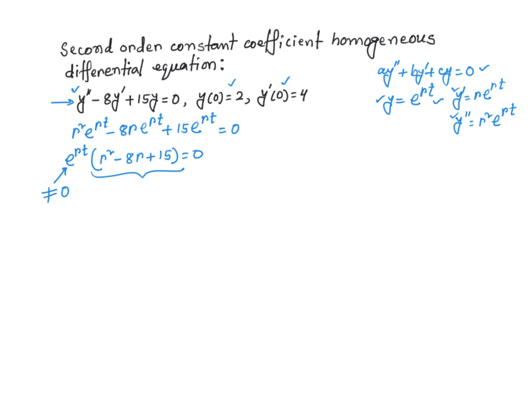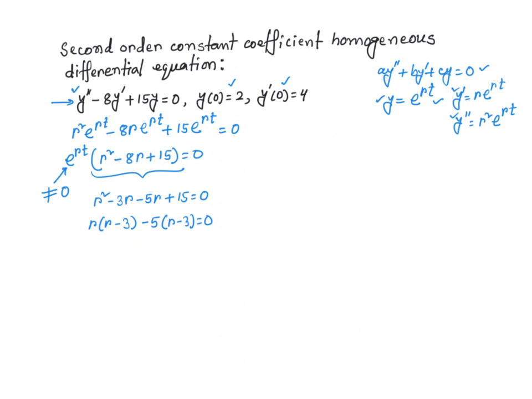And that could be factored: r squared minus 3r minus 5r plus 15 is equal to 0. If I factor out r, this is going to give me r minus 3. Then I could factor out negative 5. That's going to give me r minus 3.